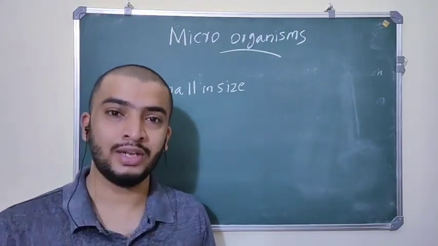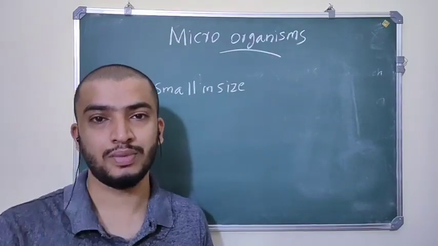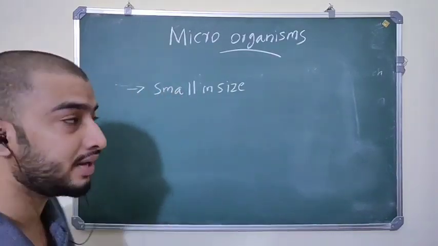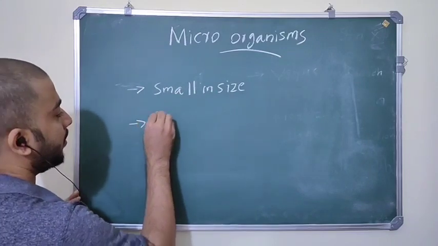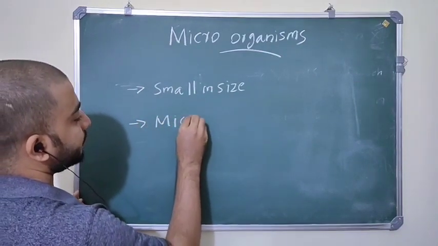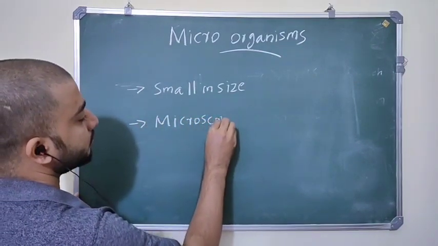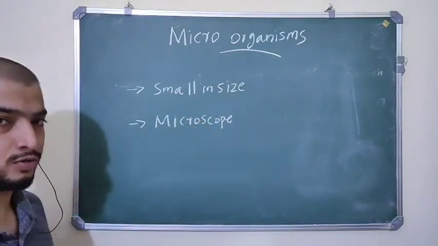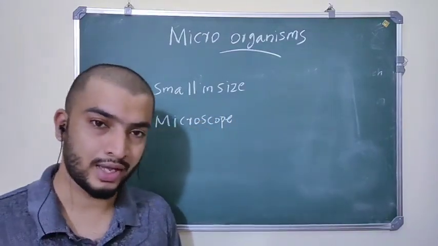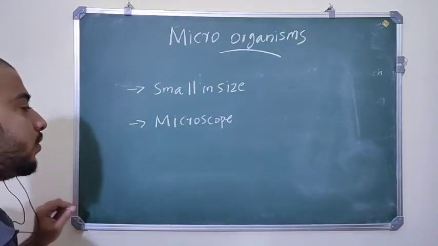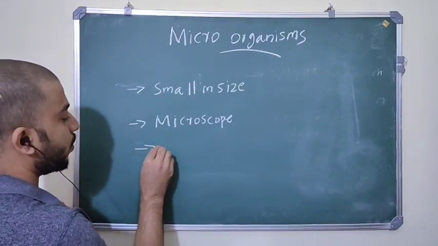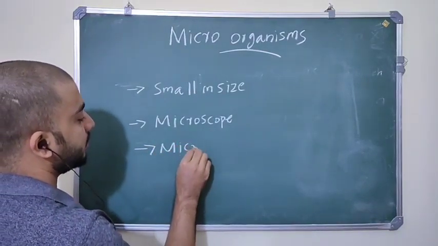In biology, we have an instrument. That instrument's name is microscope. Using this microscope, we can see microorganisms. And these microorganisms are also called microbes.